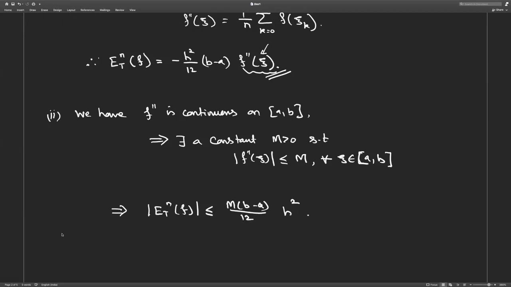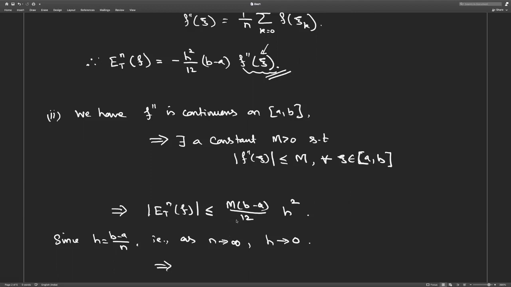Now note that h is given by (b minus a) by n. That shows that as n tends to infinity, h tends to 0, and that implies that the right hand side tends to 0 as n tends to infinity because M is a finite number, and (b minus a) by 12 is also a finite number.